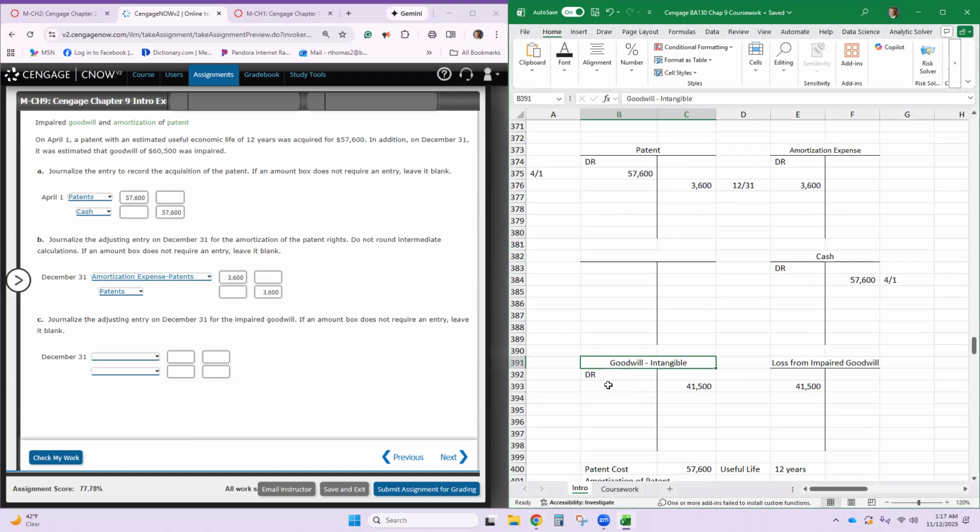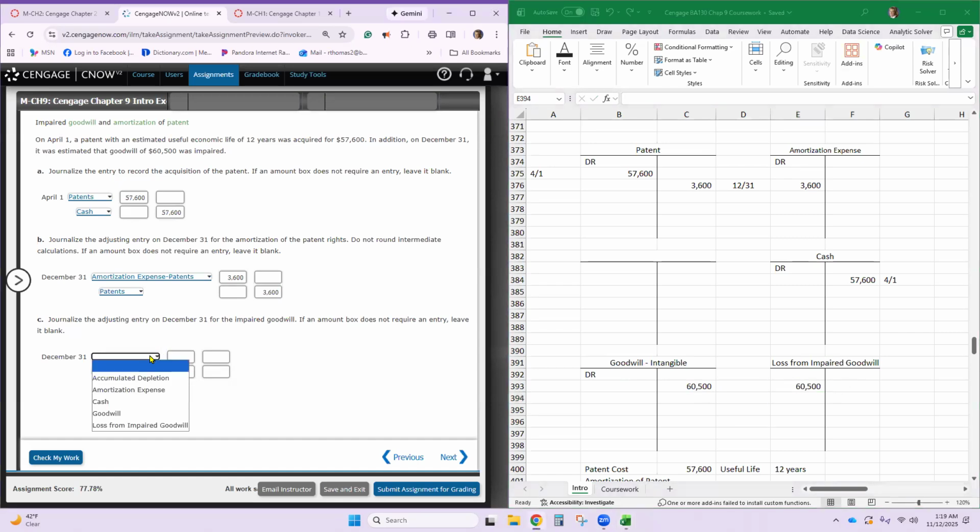I don't know how much it was worth, but somehow we're losing $50,700. Okay, so when you have that incurred, you simply make the asset go down by the amount of the impairment, and then there's an account called loss from impaired goodwill.